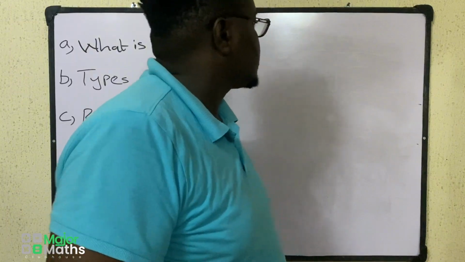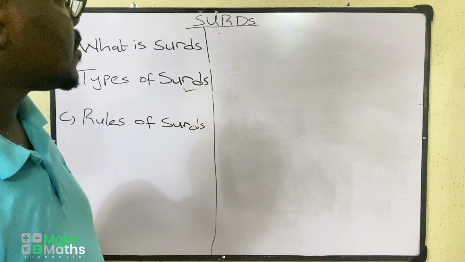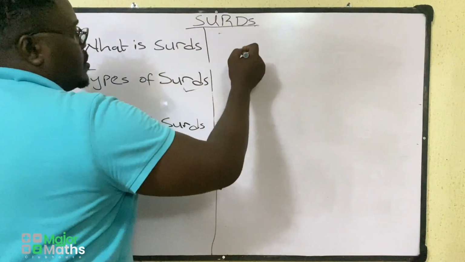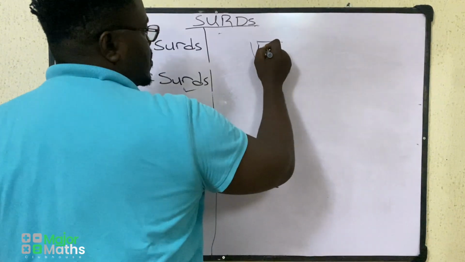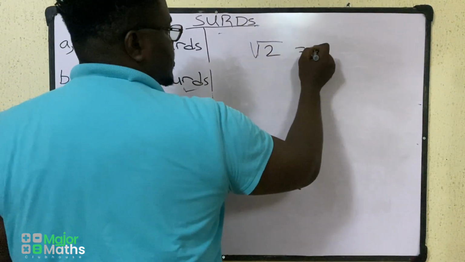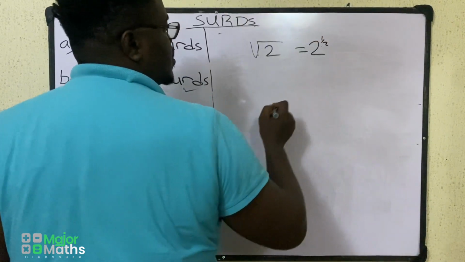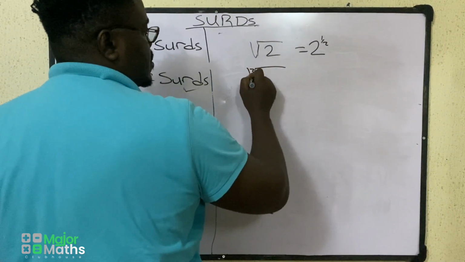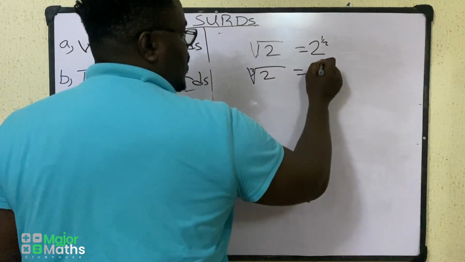So that's that about the rules. But before we round up this section, let me give you some fun facts. Did you know that you can express this form as 2 raised to the power of 1 over 2, or this form as 2 raised to the power of 1 over 3?